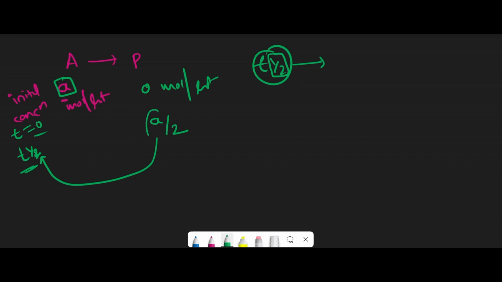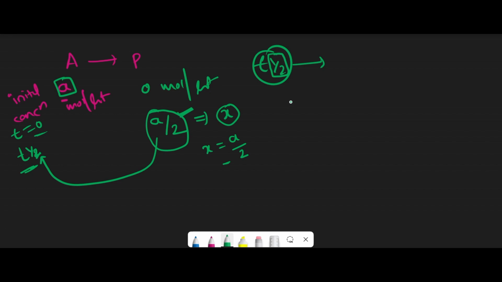As per our concept, whatever amount is obtained, that I will assume as x. So here x equals a by 2. I am assuming that something is obtained, a by 2 or a by 3, but here we are discussing a by 2 for half life. Therefore x equals a by 2.